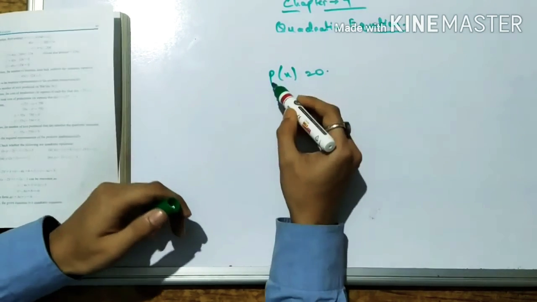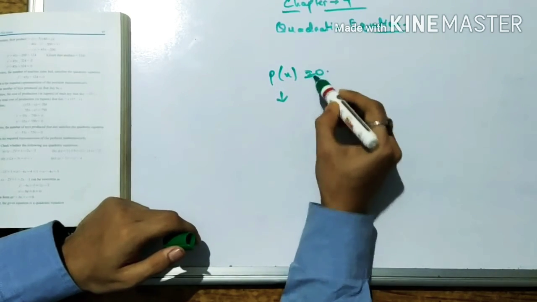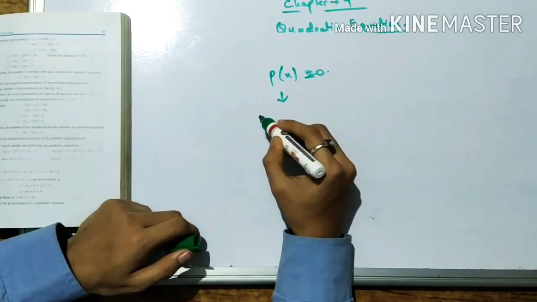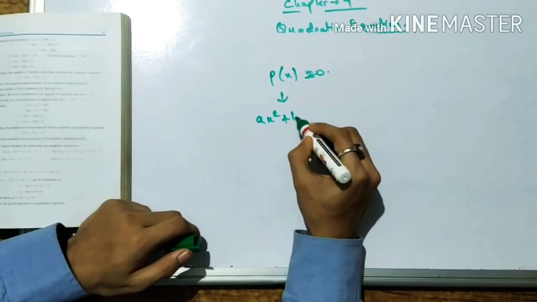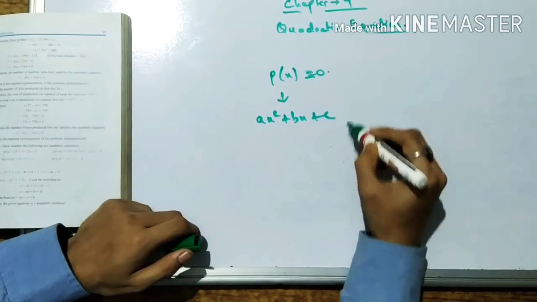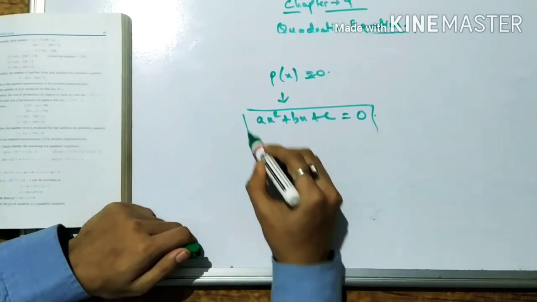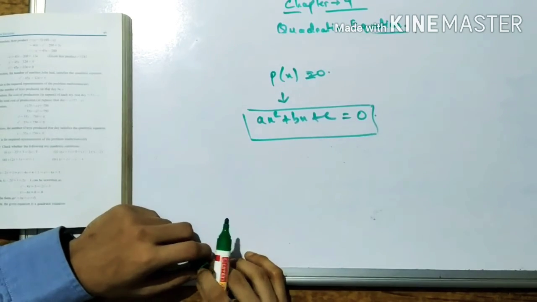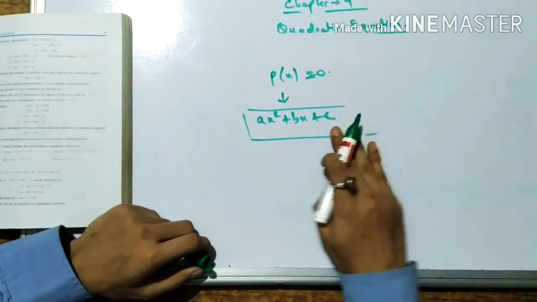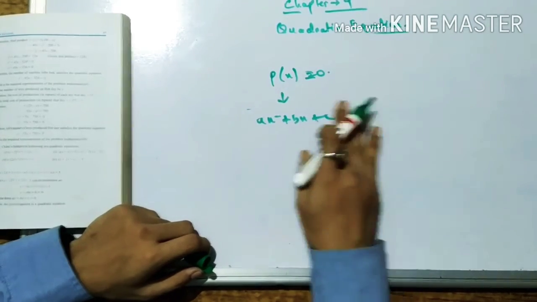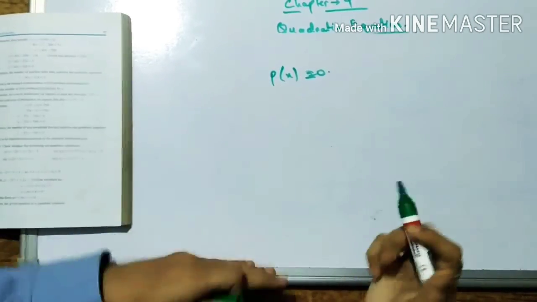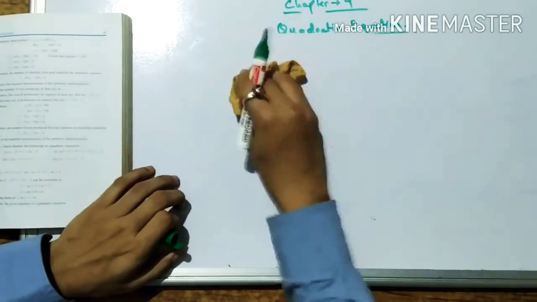Understand? p(x) is equal to 0, and this p(x) should be of the form ax square plus bx plus c. Let me write it nicely.